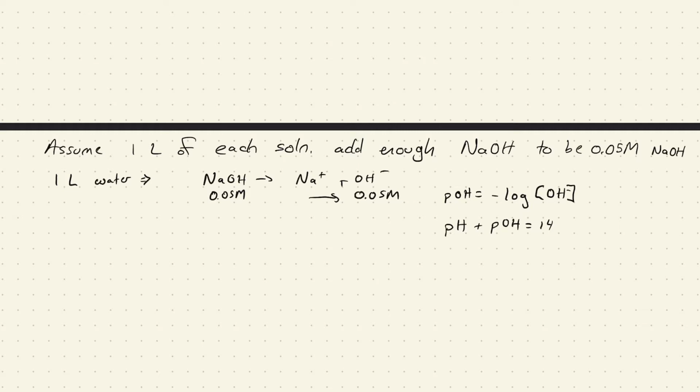So pH equals 14 minus pOH, which is 14 minus the negative log of concentration of OH minus. Okay, so when I plug my number in, I get 12.7.